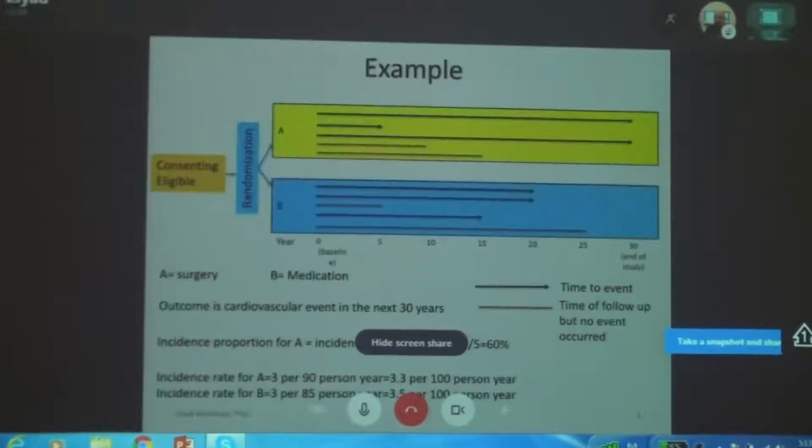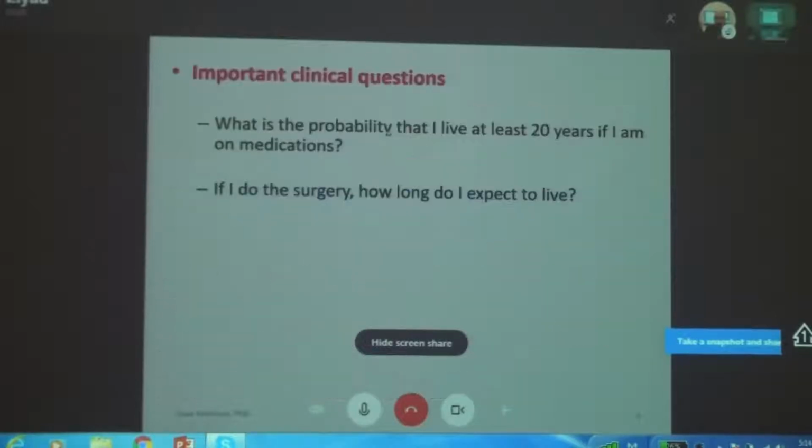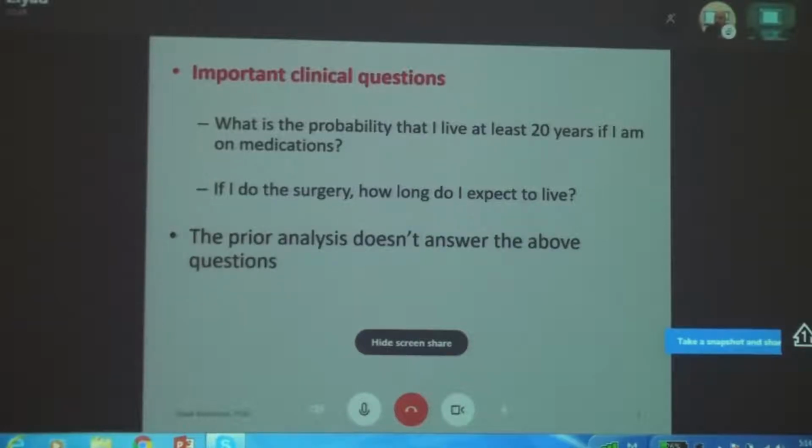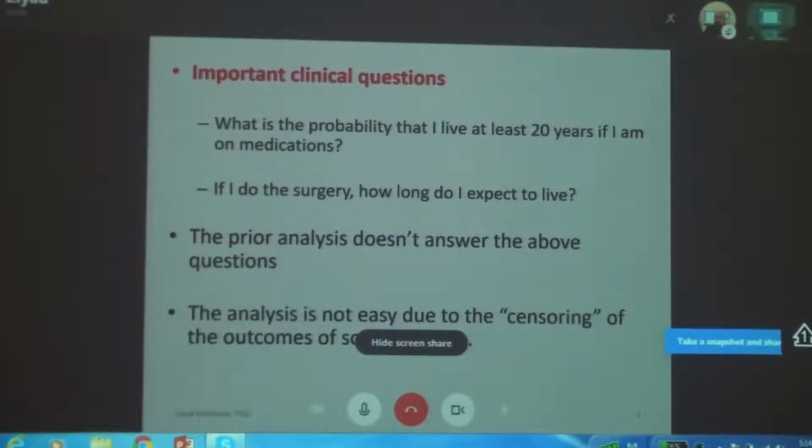For example, in arm A, when you look at 20 years, how do you count those who are censored? Are they surviving or not? These are the things we need to deal with in this kind of analysis. The prior analysis does not answer these questions accurately, and the analysis is not easy because of the censoring of the outcomes of some patients.